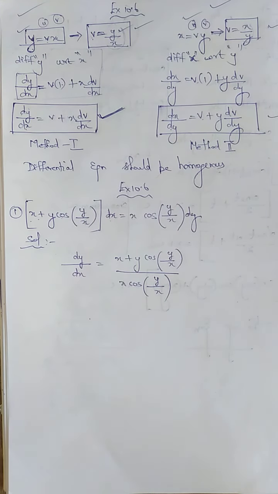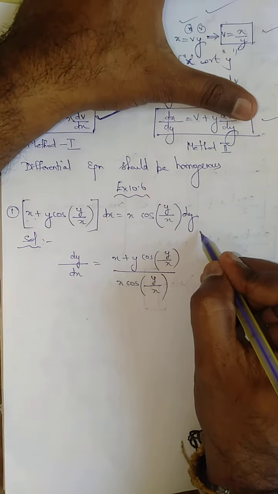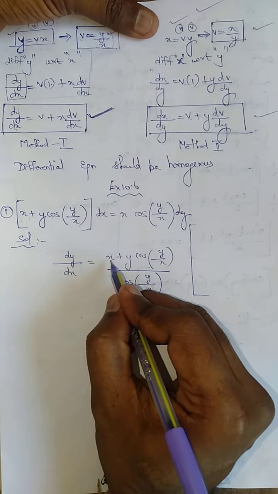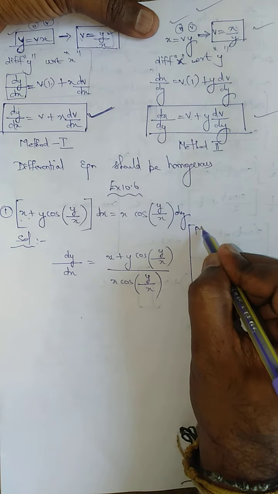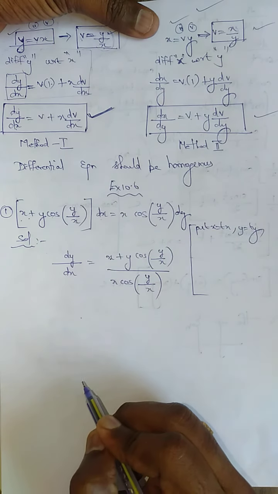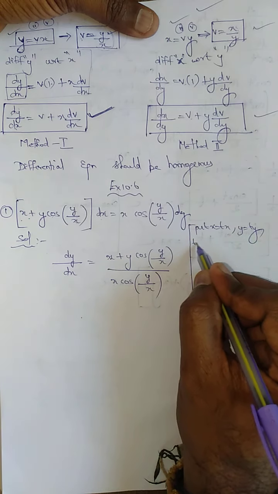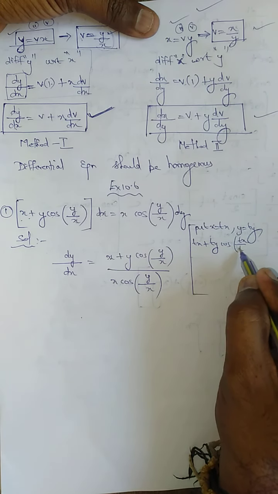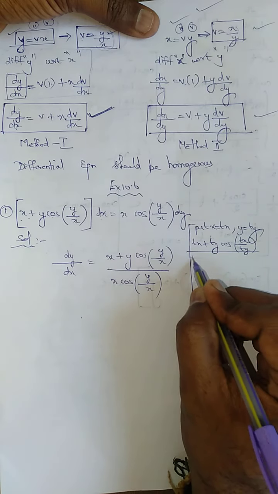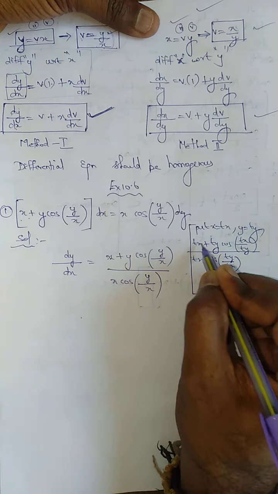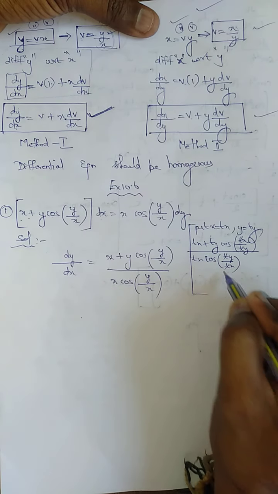So it's correct. Now this is a homogeneous equation. How can you say it is a homogeneous equation? I can clearly explain. See, in place of x, apply tx. Put x equal to tx and y equal to ty. Then tx plus ty cos(ty/tx), divided by tx cos(ty/tx). So t gets cancelled.